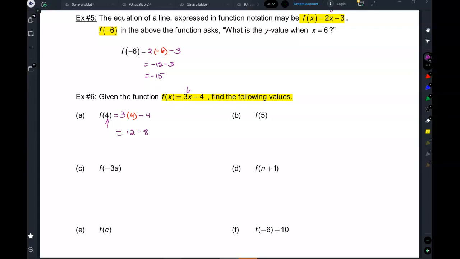Okay, let's do the next one. f of 5 means 3 times 5 minus 4. Sorry, it's minus 4. So 11. Okay?